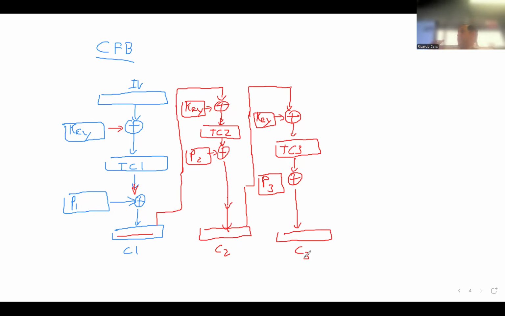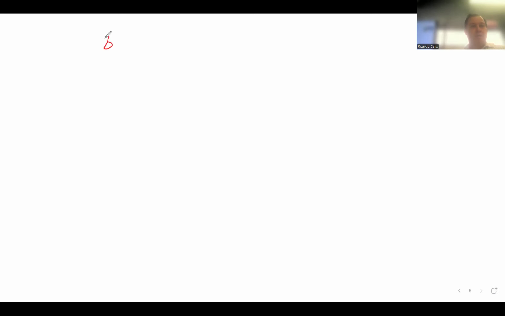So now I'm going to do kind of the same thing with block ciphers, and I'm going to provide a very broad definition for it. And then, of course, people start to implement algorithms that meet these requirements. All right, so let's move on to defining what a block cipher is or should be.